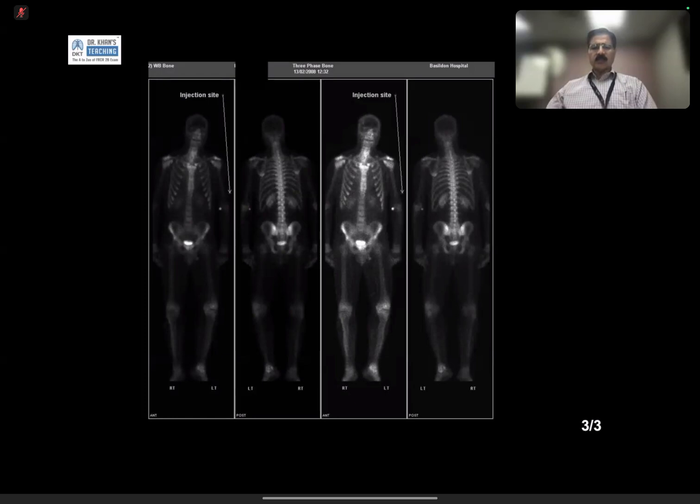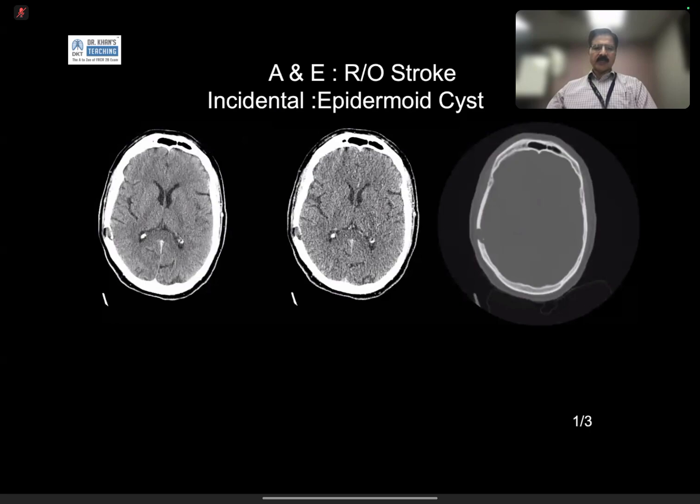And somebody asked for a bone scan. At that time, I think MR with diffusion was not all that common. And on bone scan, it did not show any uptake. So indirectly, because of this, it was said that it's a benign lesion, most probably epidermoid. But in this era, go for an MR.